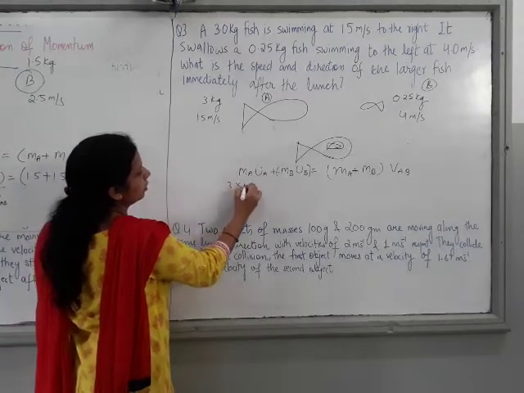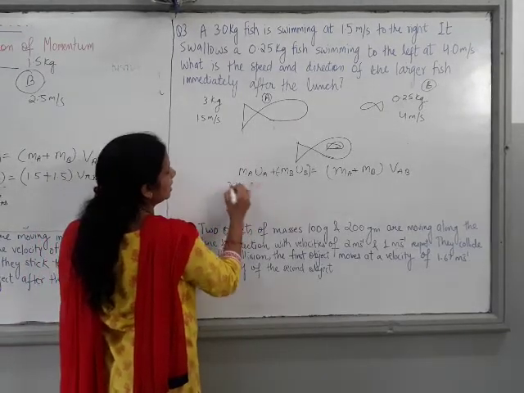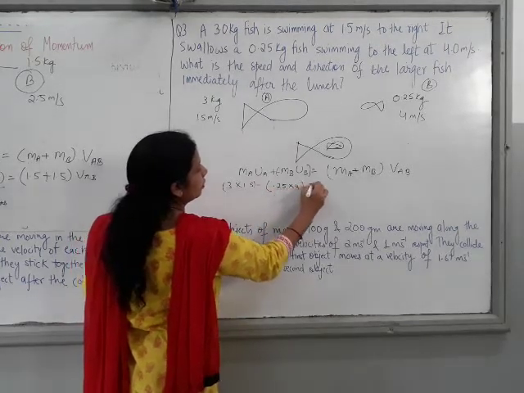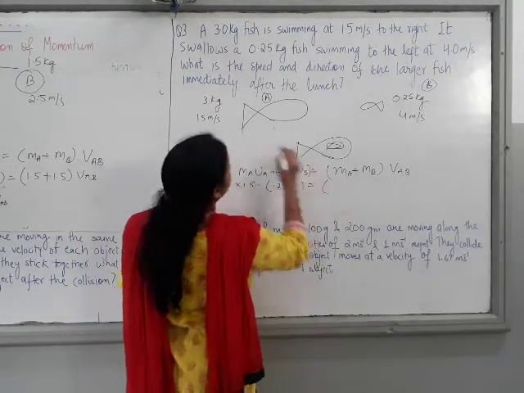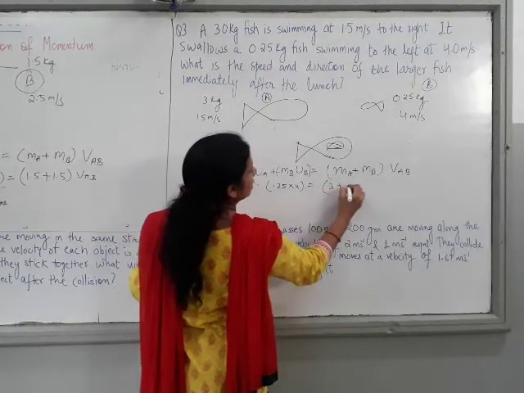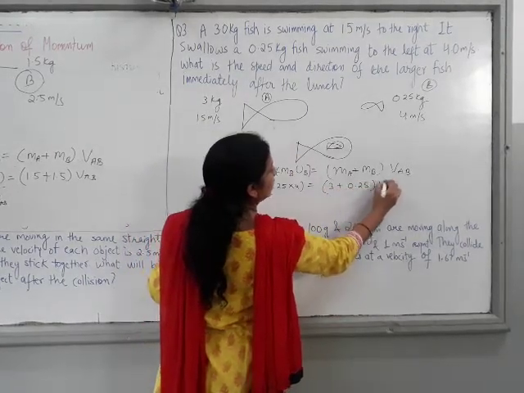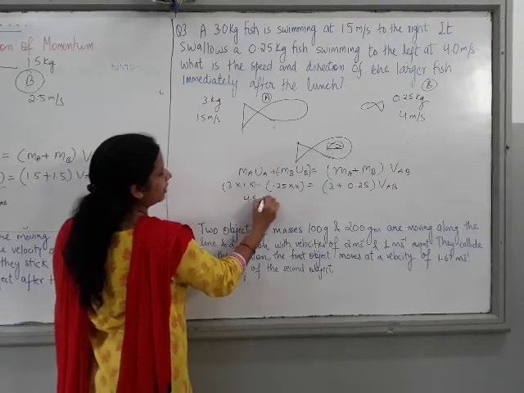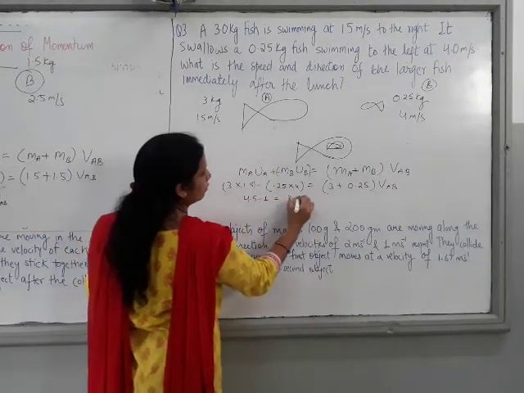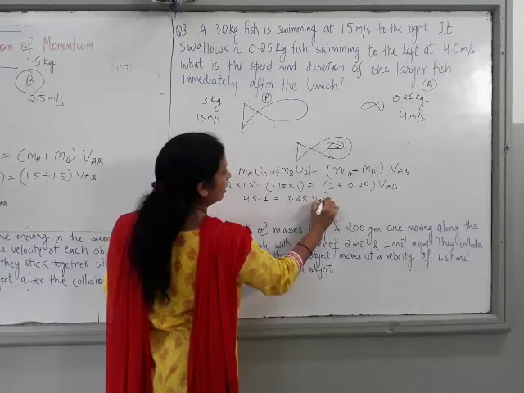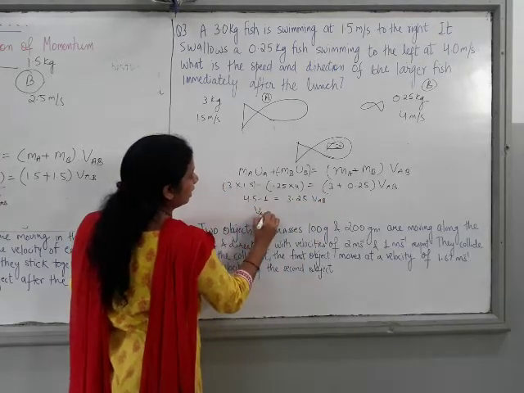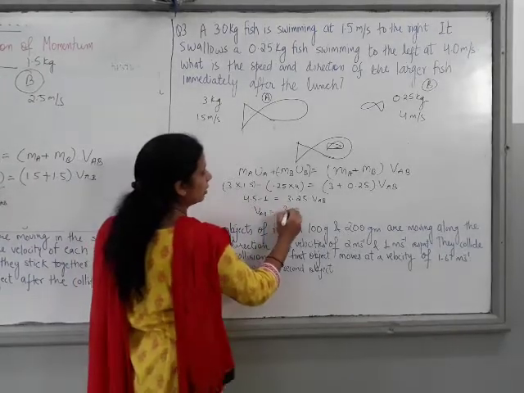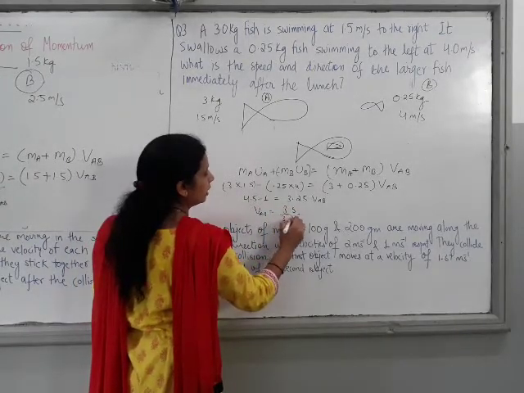So 3 into 1.5, plus, minus is minus, 0.25 into 4, equals the masses 3 plus 0.25 times vAB, which you have to find. So this is 4.5 minus 1 equals 3.25 vAB, or vAB is 4.5 minus 1, which is 3.5, divided by 3.25.